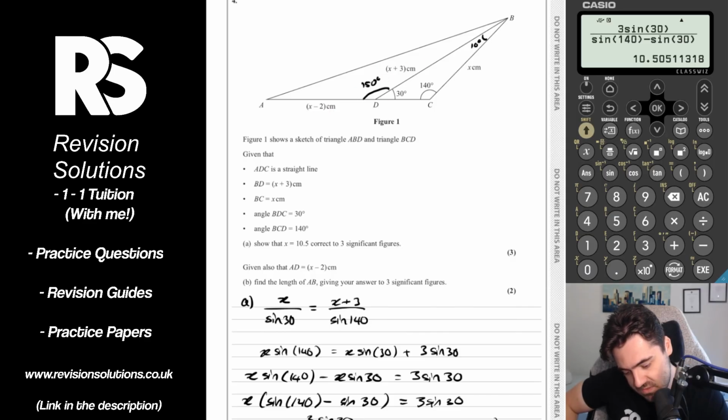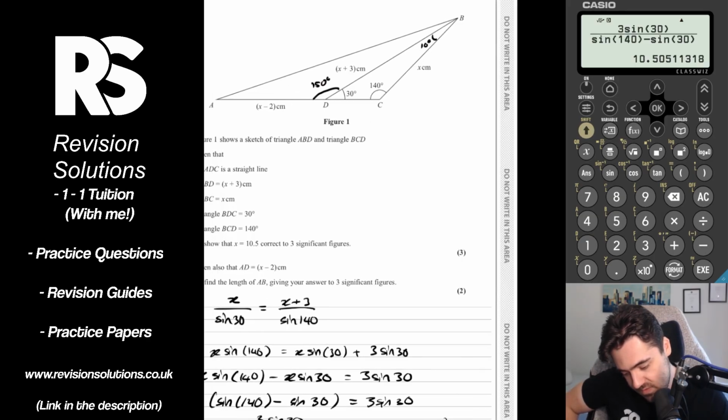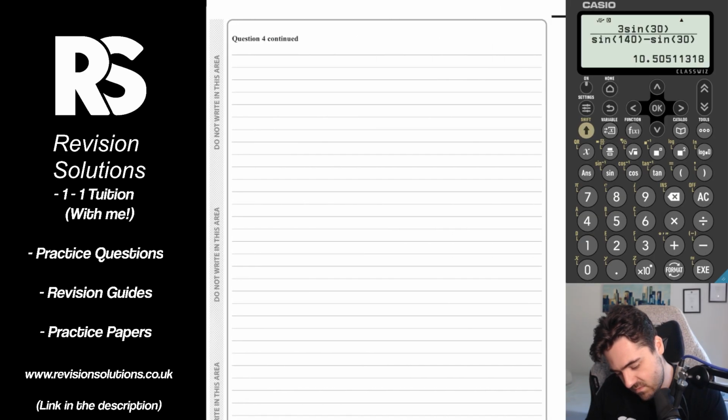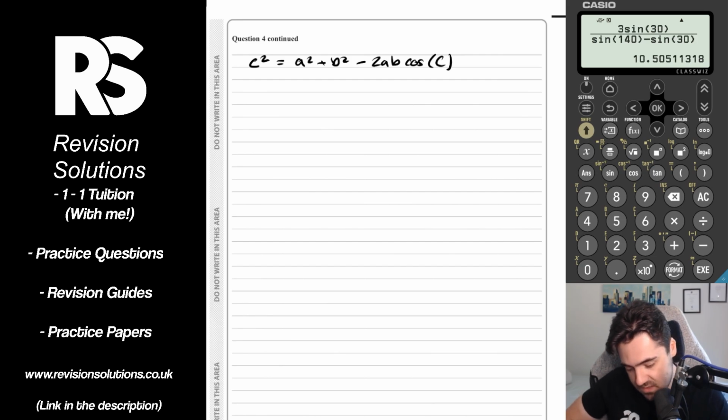So that is the angle specifically between 2 sides, so that means we can use the cosine rule. So cosine rule, if we write that out, this is how I write the cosine rule out. I say it's c squared equals a squared plus b squared minus 2ab cos c. You might have the letters rotated around potentially if the way you write it out, but it's all the same.